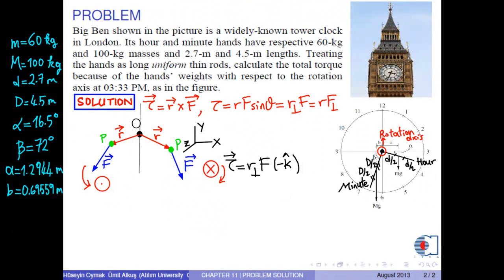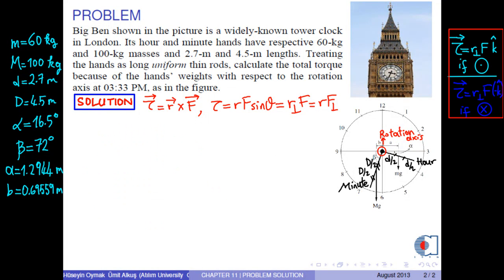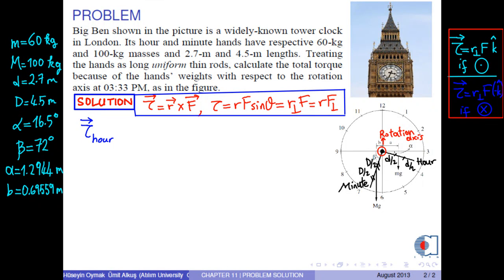According to the xyz coordinate system, we write torque as r perpendicular times F times k hat. Anyway, the torque because of the hour hand with respect to the rotation axis is r perpendicular times F times negative k hat.